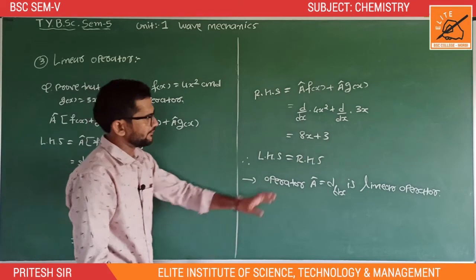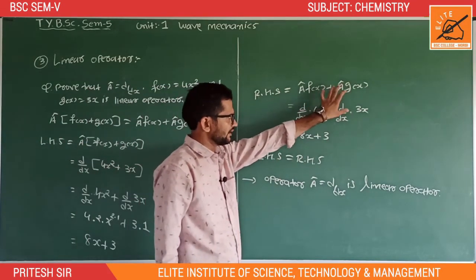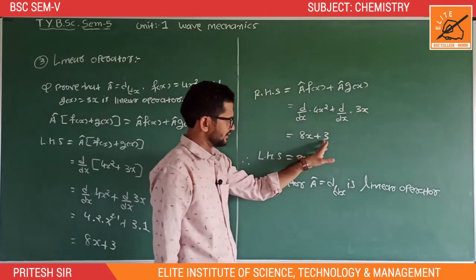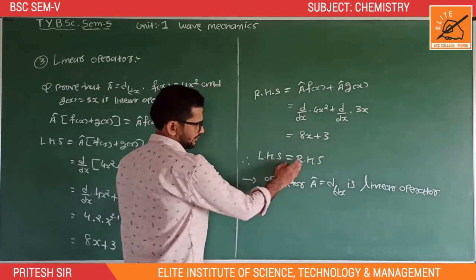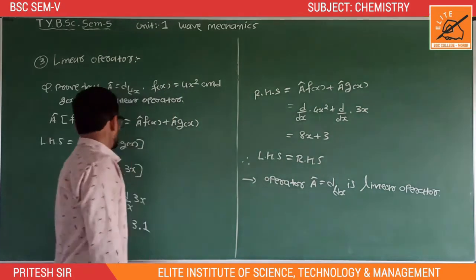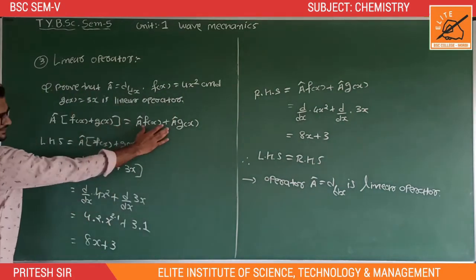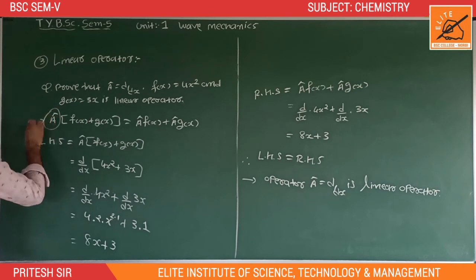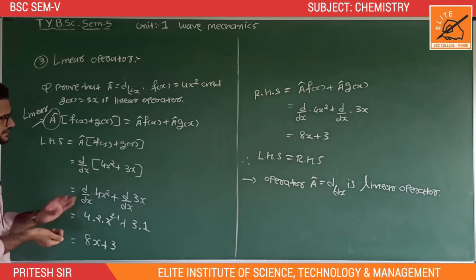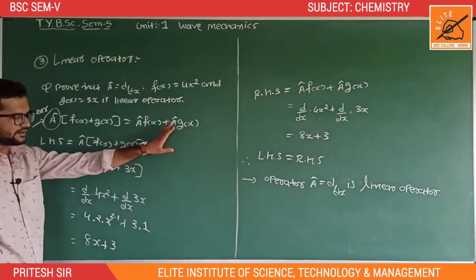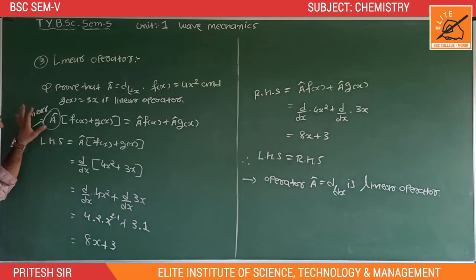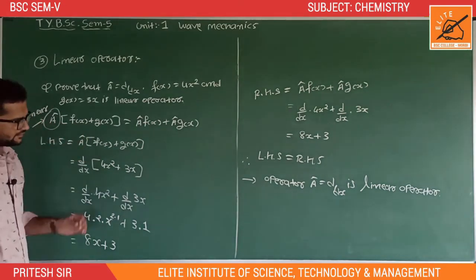Put the values, and finally we get RHS equal to 8x plus 3. So LHS is equal to RHS, which means this operator A cap is linear. If the values of LHS and RHS are not equal, then the operator is not a linear operator. Okay, so another question.